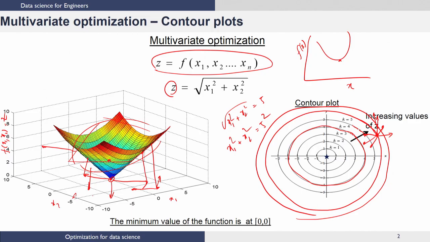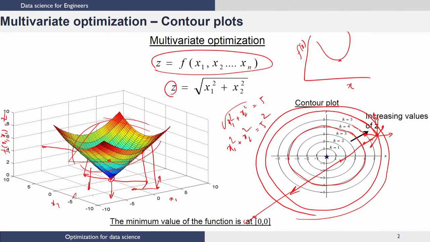And once I choose a particular direction, let us say this direction, how far should I go in this direction is another decision I should make. For example, if I go here, I have made some improvement to my objective function. If I go here, I have made much more improvement, but if I go here, I have actually made my objective function worse.